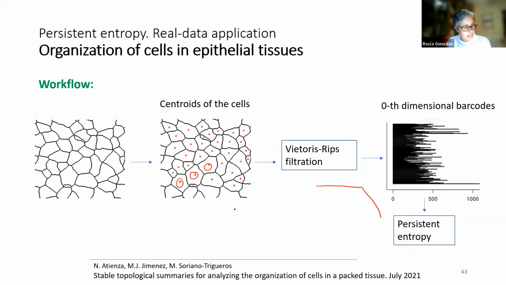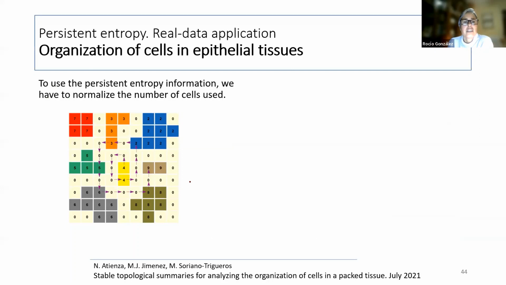So one trick that we have to use here is that we need to always have the same number of points, as we said, for the sake of stability. How can we do this? Here, this is the digital image obtained from the tissue. These connected components are the regions.